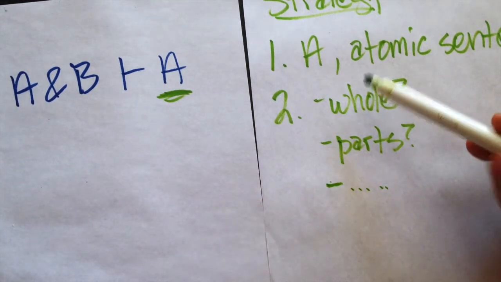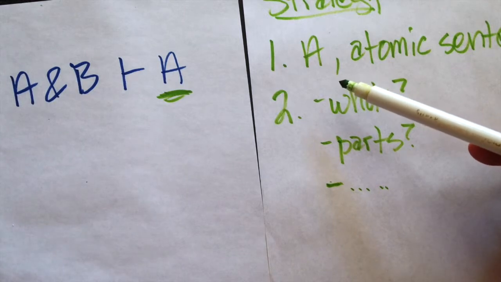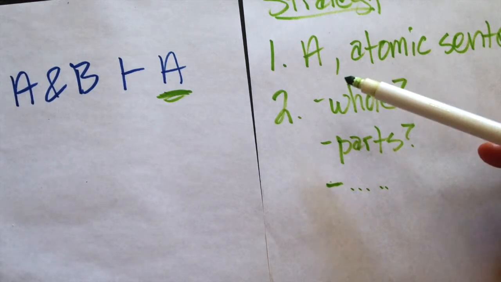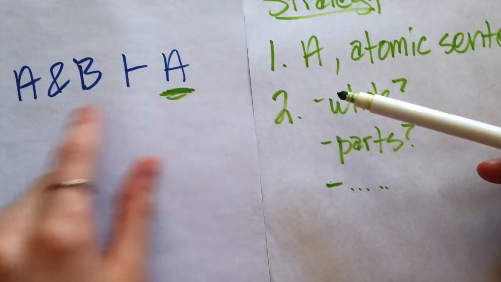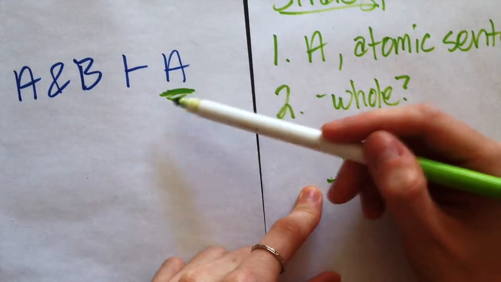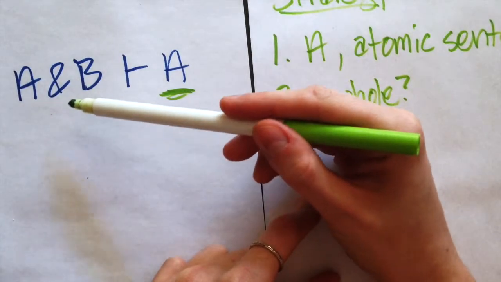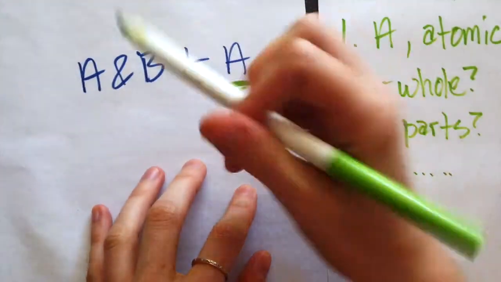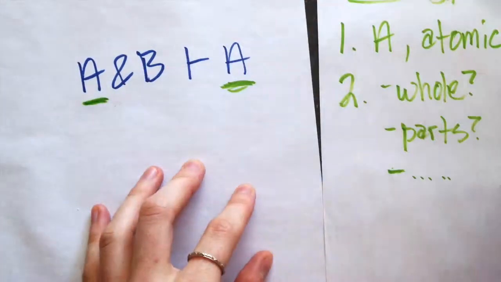Now, our conclusion is an atomic sentence, so it just has one part, right? We can't break it up. We're not going to be able to see bits of this in the premise. If we look at it, we actually see our conclusion A embedded in the premise, right? We see our conclusion A right here.